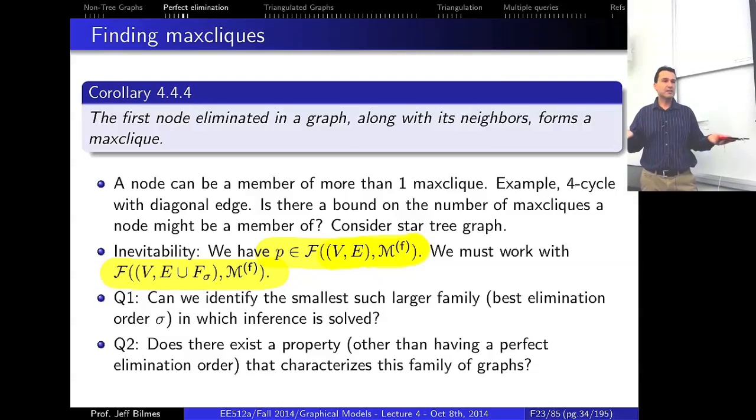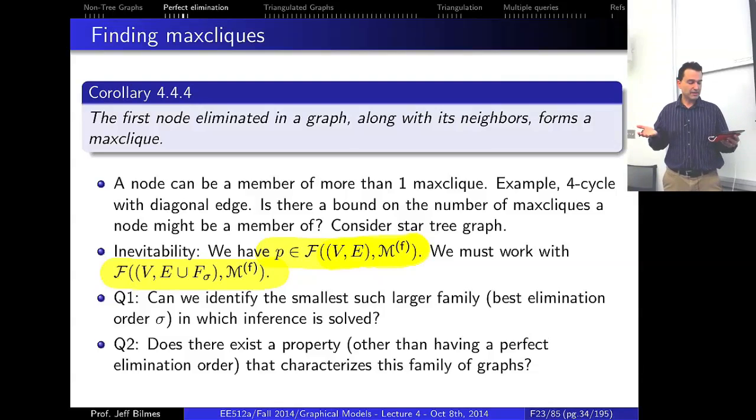So the kind of questions that you might have in your mind are, for example, can we identify the smallest such larger family? We've already seen that there are some graphs that don't have any fill-in: if we start with a perfect elimination order graph already, there's no fill-in. Other graphs necessarily are going to require some fill-in. So anytime we do any summation of variables, we're going to be increasing the family computationally.